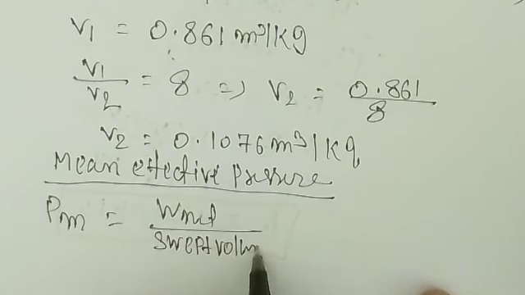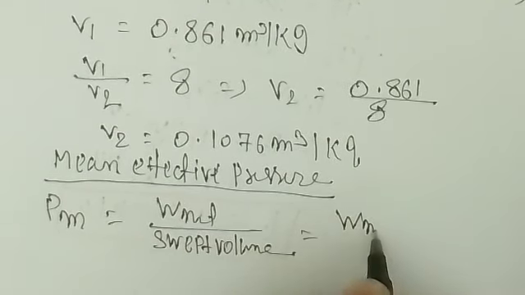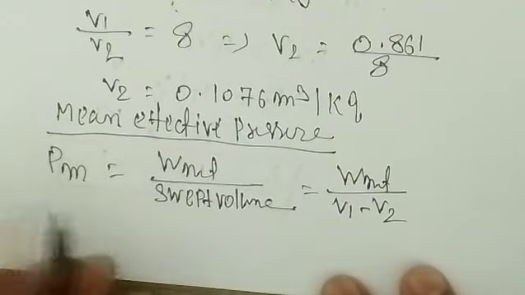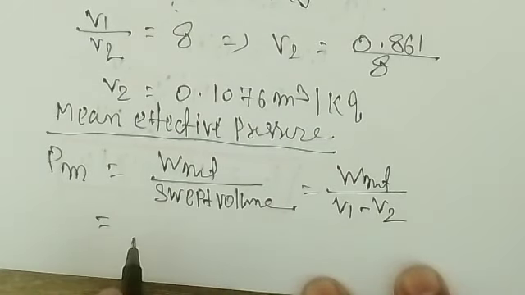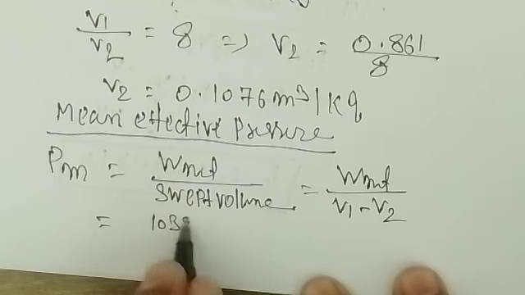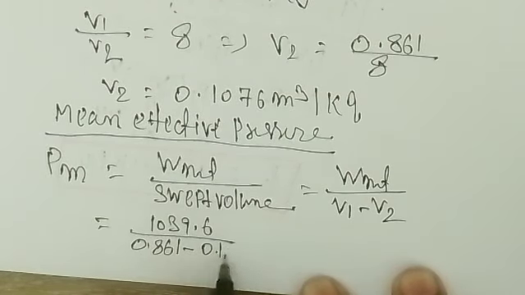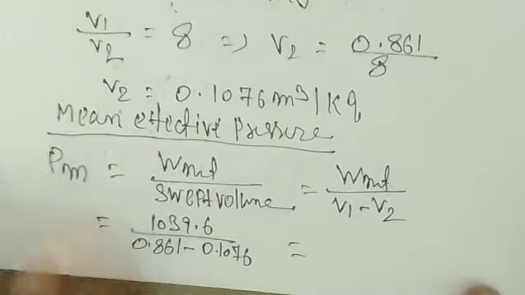W net is 1039.6, and the swept volume is V1 minus V2, that is 0.861 minus 0.1076. So let me do that: 1039.6 upon 0.861 minus 0.1076.